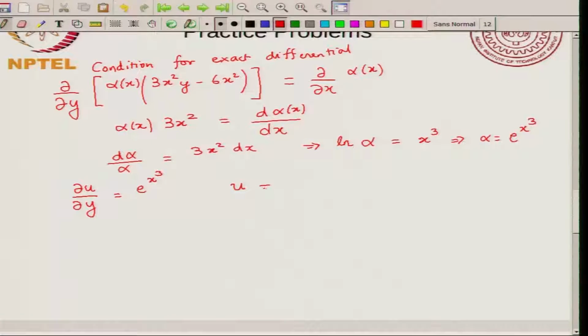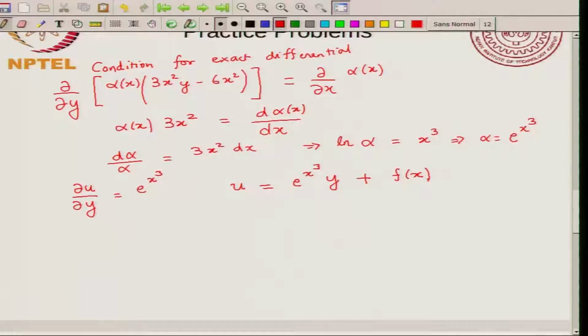The e raised to x cube is like a constant, so you will just have e raised to x cube multiplied by y, and you will have a constant of integration, but since you are integrating with respect to y, that constant can be any function of x, f of x. So, this is what you get.